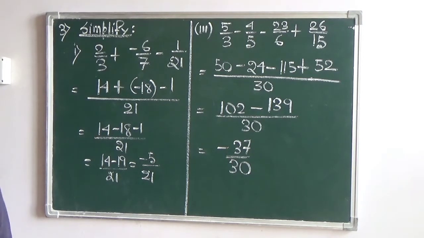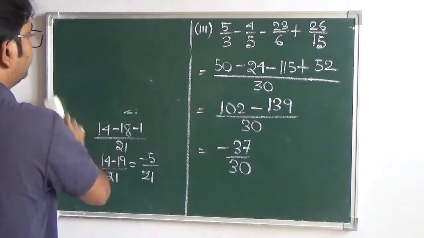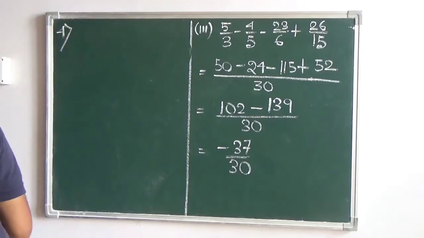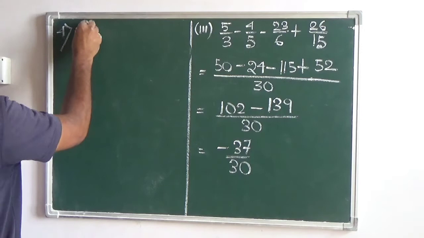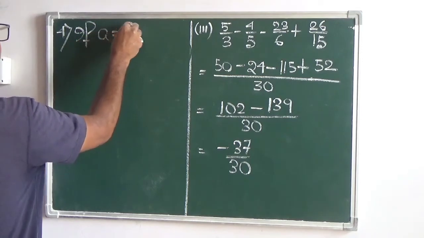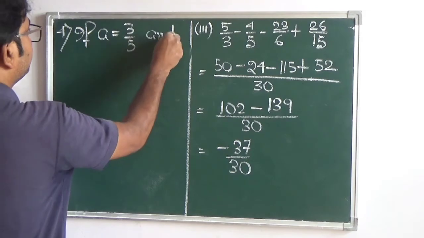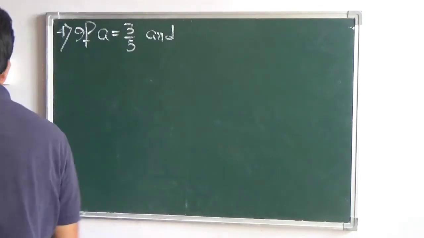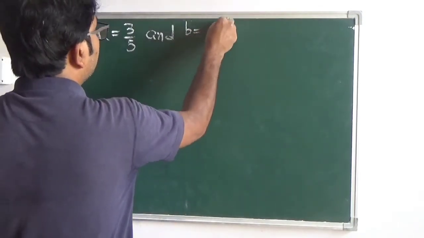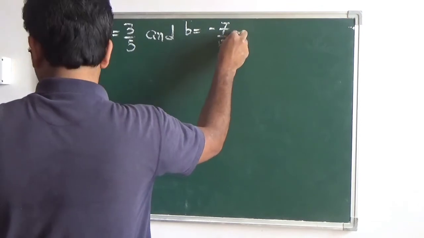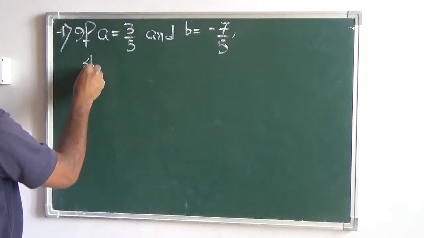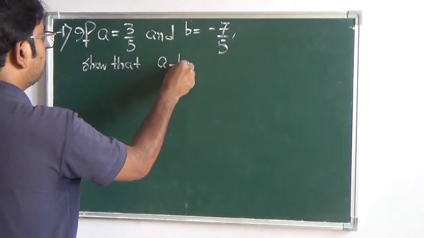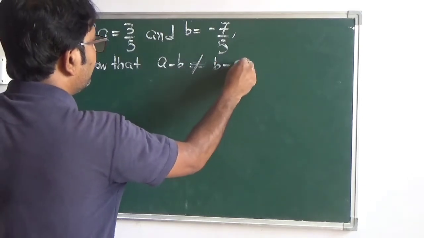So moving on to question number 4. If a equals 3 by 5 and b equals minus 7 by 5, show that a minus b is not equal to b minus a.